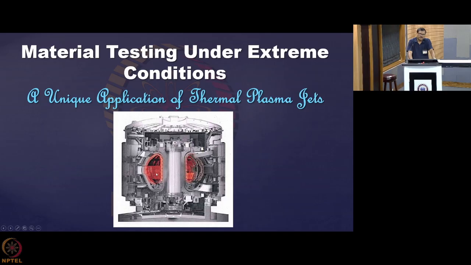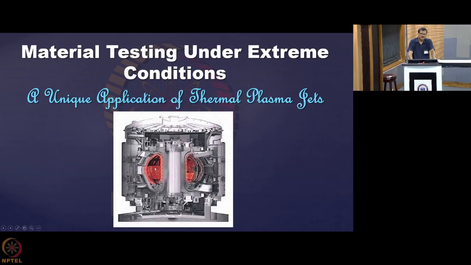Now we are talking about millions of degrees Kelvin in the core of the plasma for fusion to happen. No material can withstand such high temperature. So, there are ways, there is detailed engineering to protect the first wall material or the divertor region material.